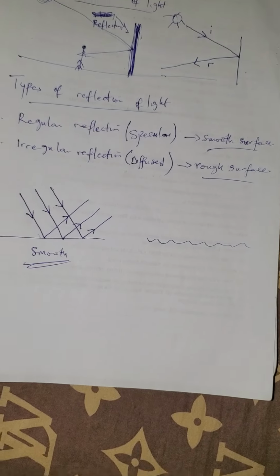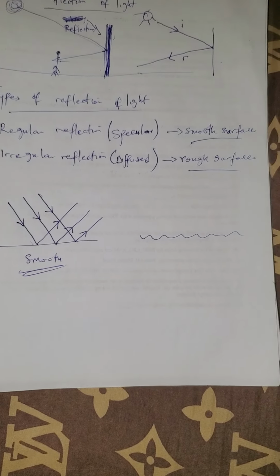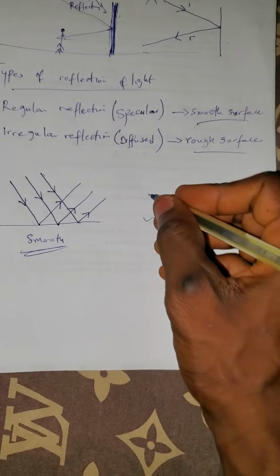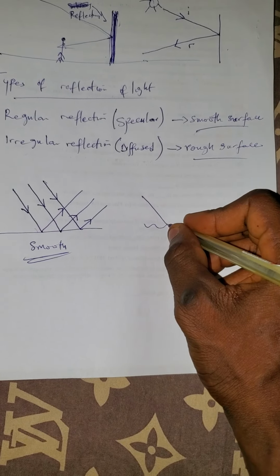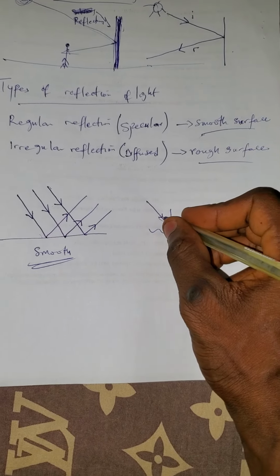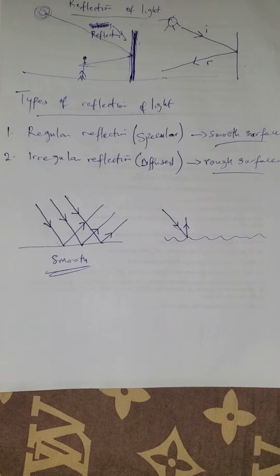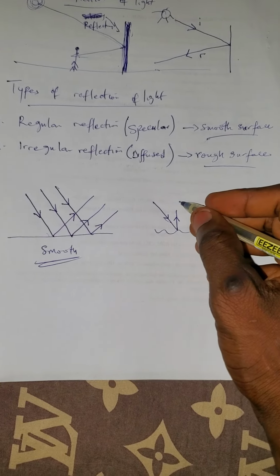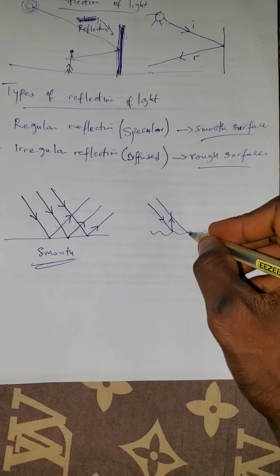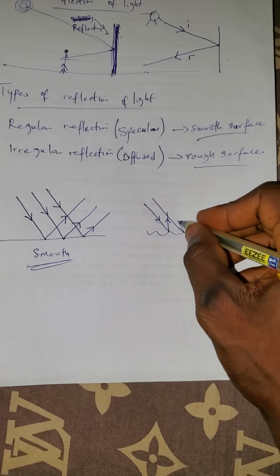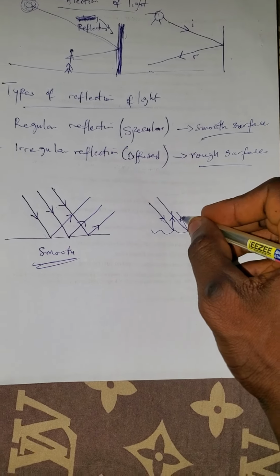But irregular reflection occurs on a rough surface. So it can occur like this. You can have the incident ray like this and the reflected ray like this. Another one can be propagated like this, in which the reflected ray will be like this.